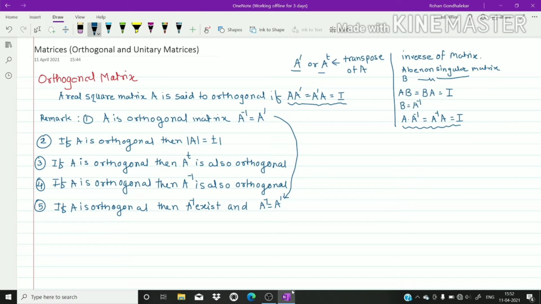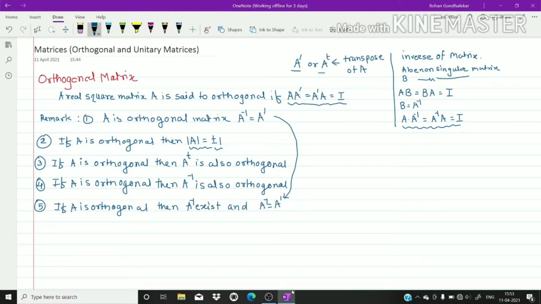I am writing the same property again, but purposefully mentioning if A is orthogonal, then A inverse exists. Why am I mentioning this? Just look at this. If A is an orthogonal matrix, then the determinant is either +1 or -1. It means A should be non-singular. Non-singular means determinant of A is not equal to 0. And more, we specify the determinant would be either +1 or -1.